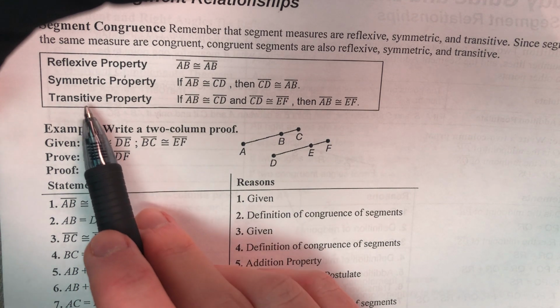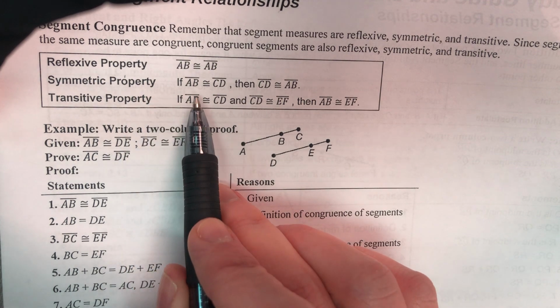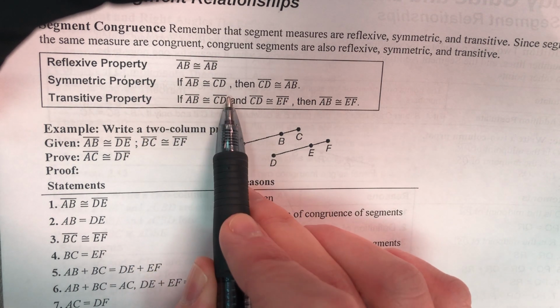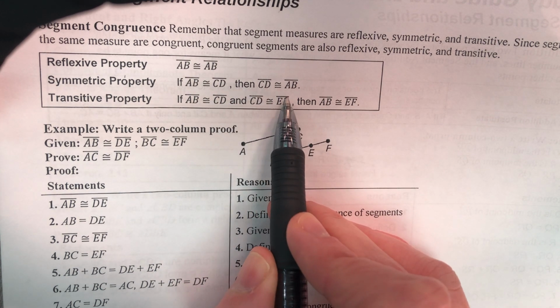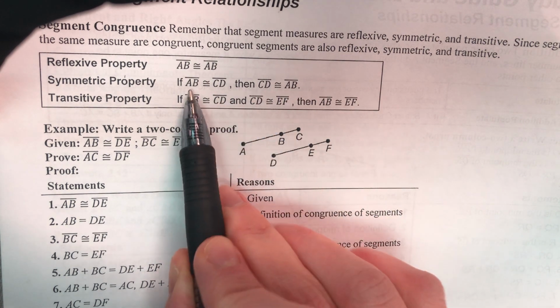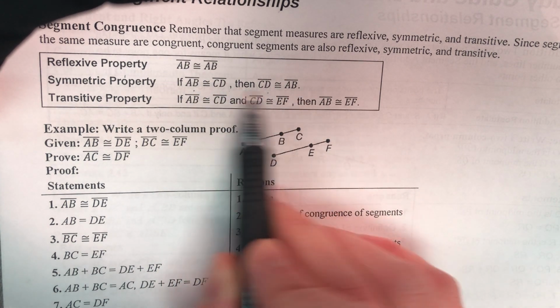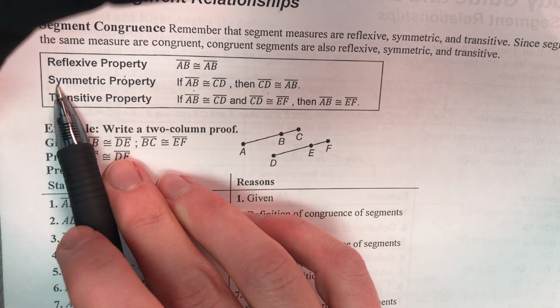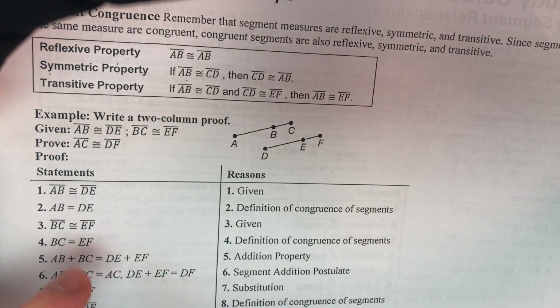The next property is called the symmetric property, and it says if segment AB is congruent to segment CD, then segment CD is congruent to segment AB. All they did was reverse which one came first and which one came second in the congruent statement. So that's called symmetric property. It's like you flipped it around.